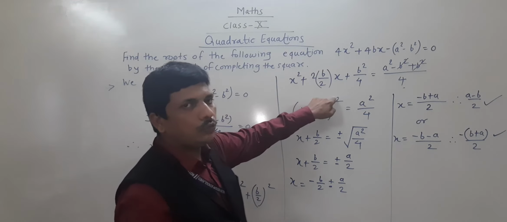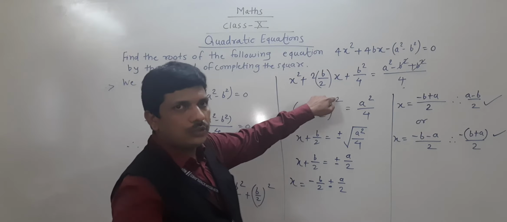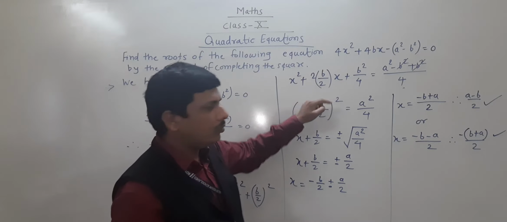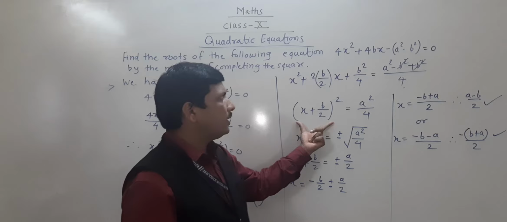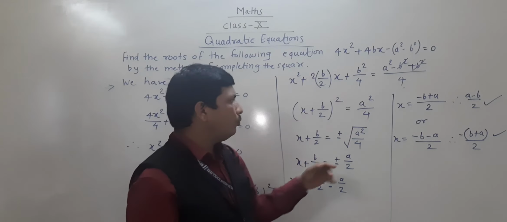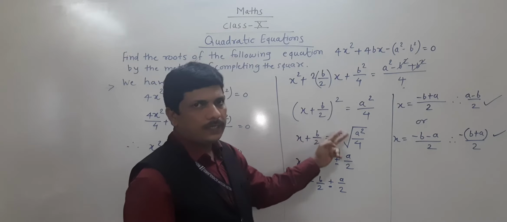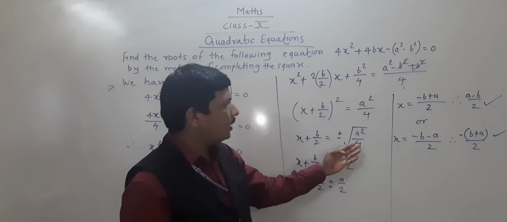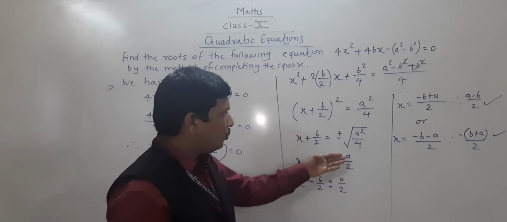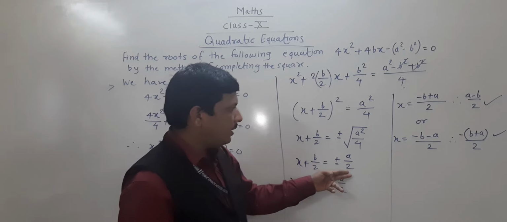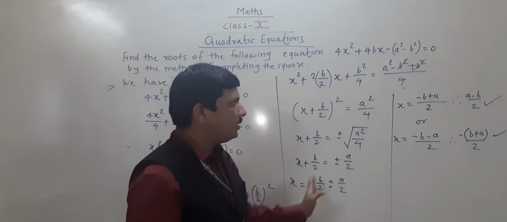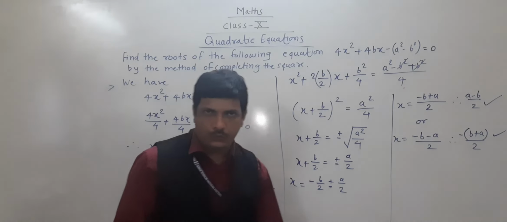So this is 2ab. To use its compact form, we have taken this. So (x + b/2) squared is equal to a²/4. When you remove this square, there will be plus minus, and on the RHS we have taken the root. So the root of a squared is a, and of 4 is 2, and then we have shifted this to both sides, and we have two roots.